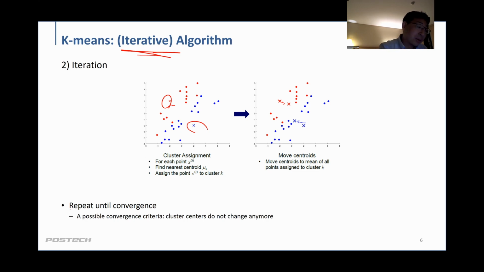So we're going to repeat that process until convergence. If you get convergence, that means the cluster centers do not change anymore.